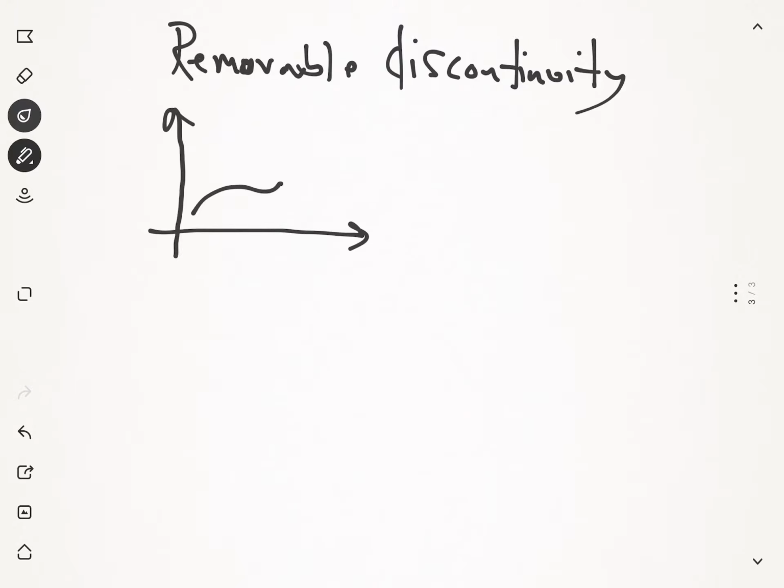I'm going to put a curve here with an open dot, and then right above it, I'll put a solid dot. And all this occurs at c. So I'll give you a second to write that down.